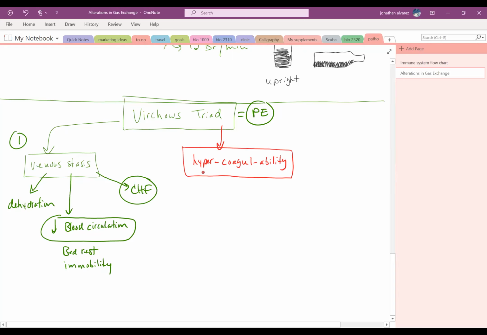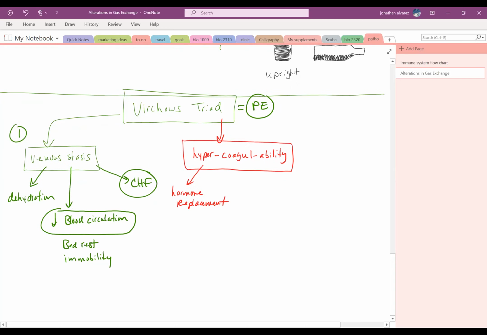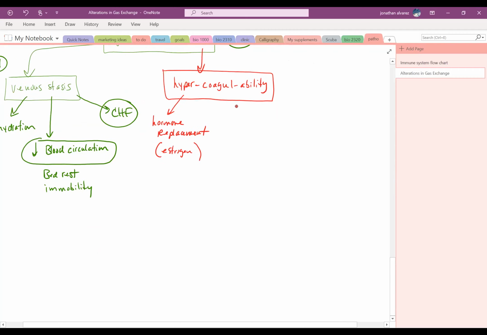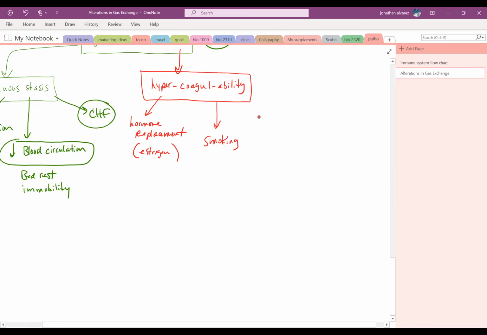Risk factors for this: hormone replacement therapy, the most common being estrogen. Smoking or thrombus disorders.